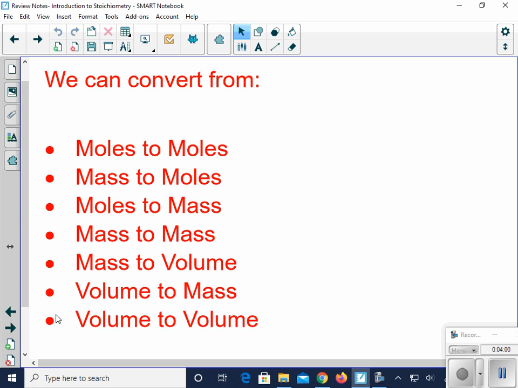Today we're going to go mole to mole. It's a mole to mole problem. Later on, I think next week we'll be doing mass to mass. So that's how I refer to these specific types of problems. So we're going to do this top one today, mole to mole.